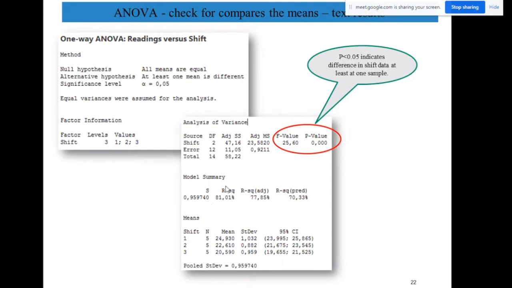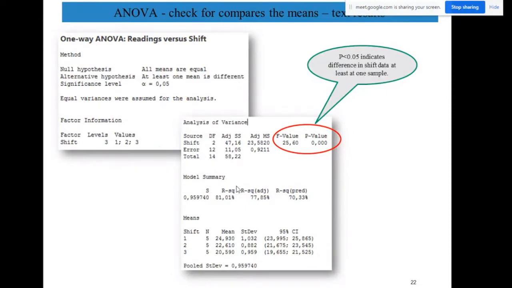R square should be more than 80%. If it is more than 80%, our error, or within group variation, is less than 20%. F ratio is between group variation divided by within group variation.